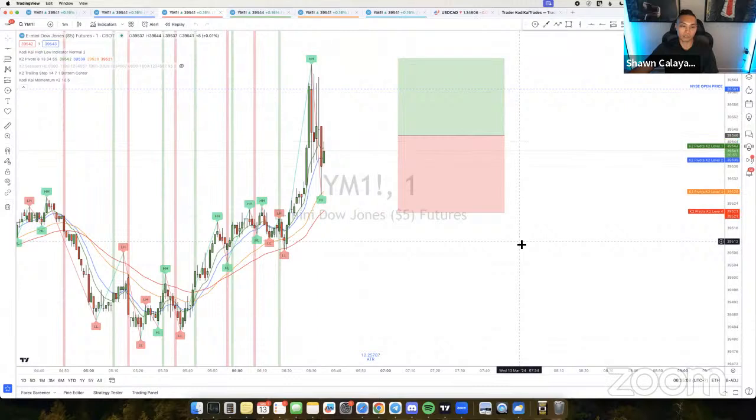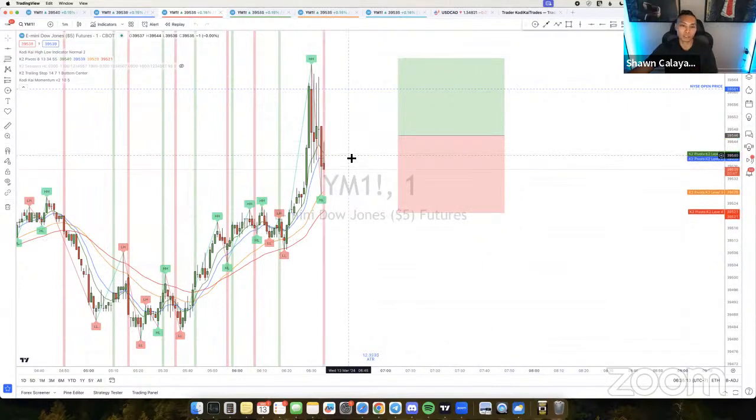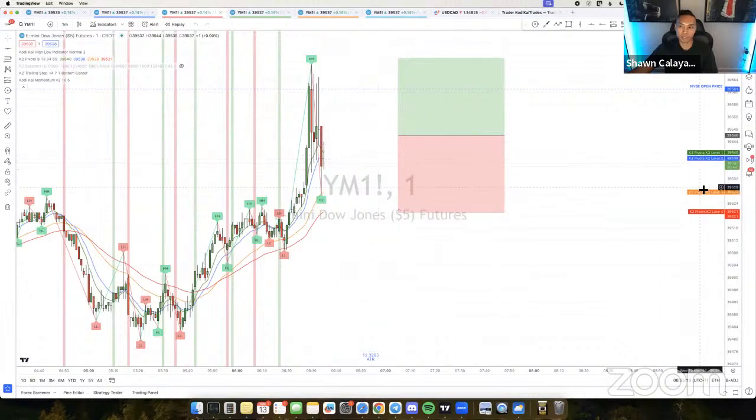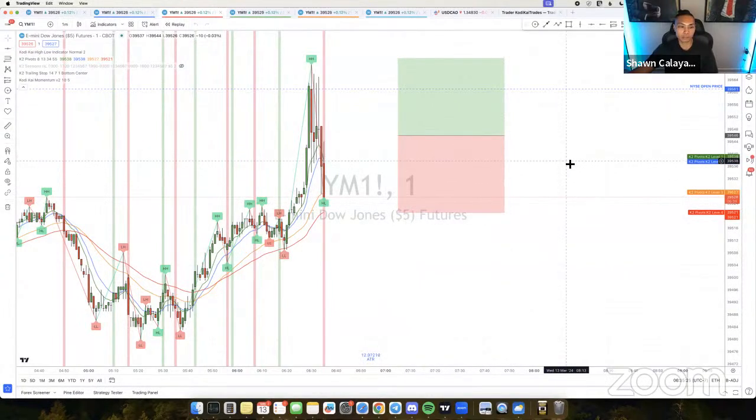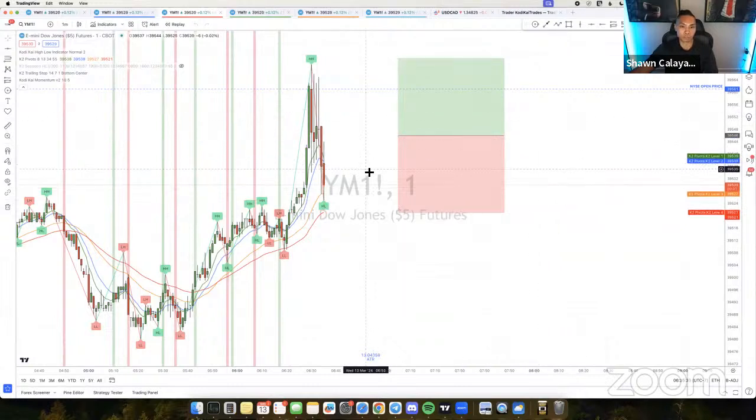You're going to see different all-time highs. I would stick to YM1 for your analysis because pricing is the same, and the candles overlap between YMH and YMM. So the volatility is perfect on YM1 versus the other contracts, and pricing will be the same. Either way, YMM would be following whatever YM1 is doing here.